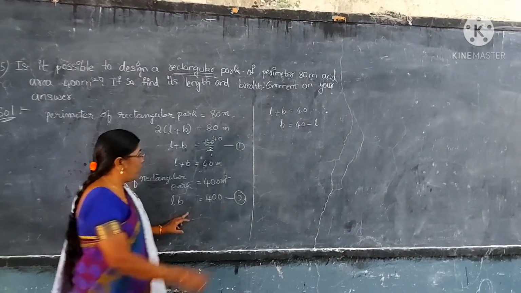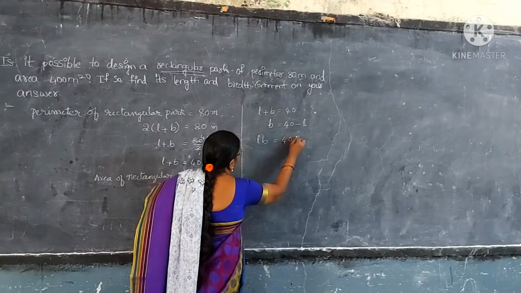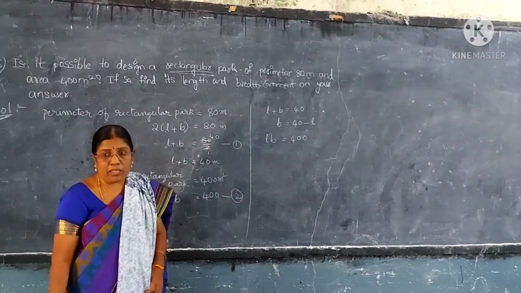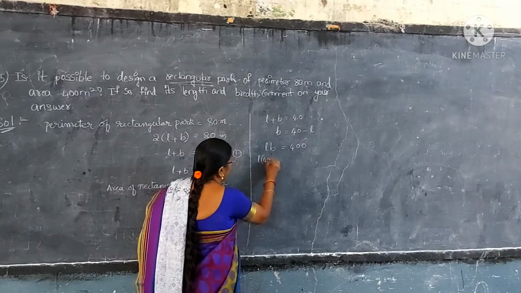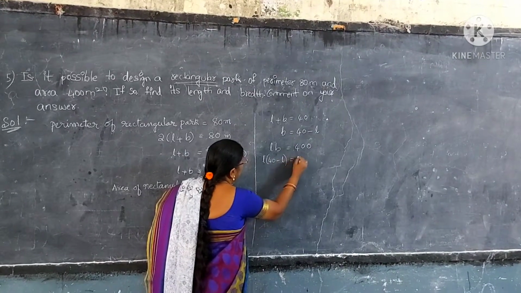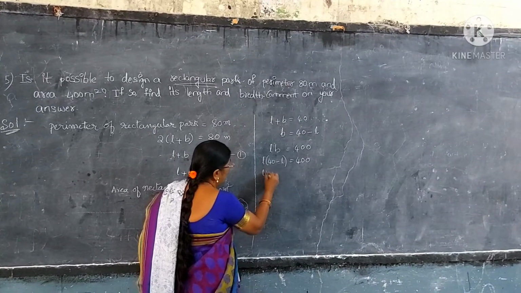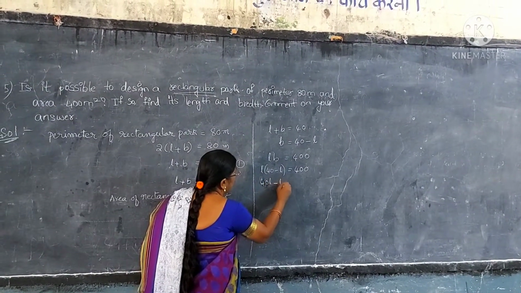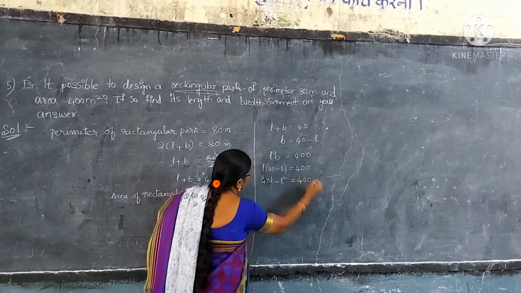L into B is equal to 400. In the place of B, I can substitute 40 minus L. So, L into (40 minus L) is equal to 400. This L into 40, that is 40L minus L square is equal to 400.